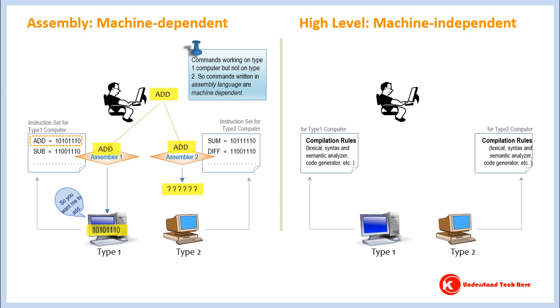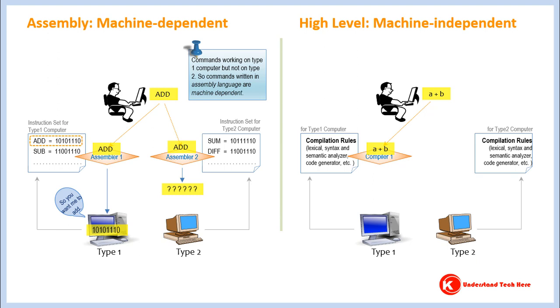Now, a person wants the computer to do addition and types A plus B. The computer doesn't understand commands directly. It needs to be converted into ones and zeros. This is the job of a compiler. Hence, the addition command goes to the compiler.